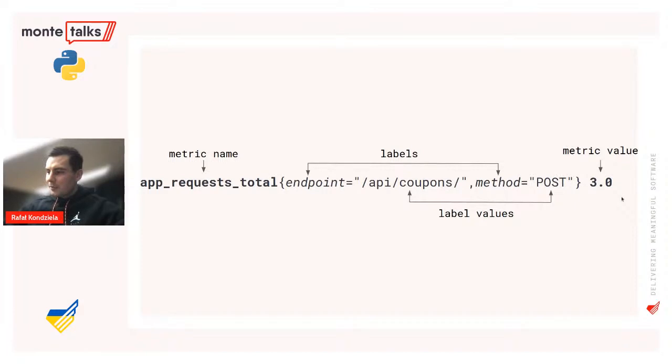It's important that the metric value can only be numeric, while label values might be strings. This is a custom metric called app request total, and it has two labels, endpoint and method, and a value, which in this example is equal to 3.